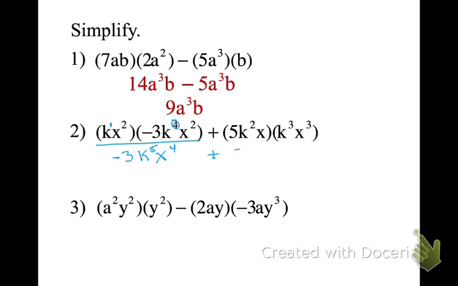Plus 5, k to the 5th, and x to the 4th. So is this the same as this? If it is, we can add those coefficients, -3 and 5. And so that makes 2. And then everything else is the same. k to the 5th, x to the 4th. Try the last one on your own.